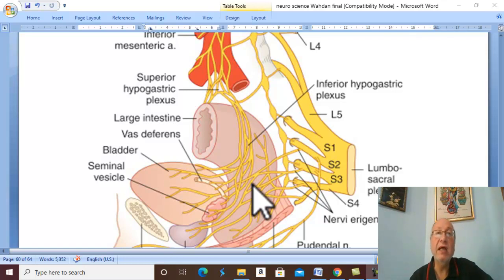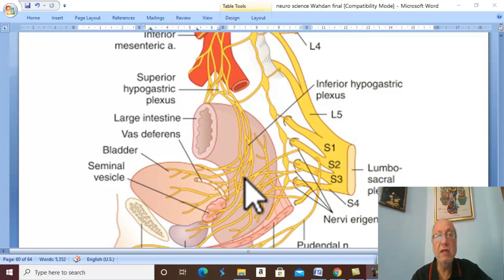The most important plexus and the direct supply to the pelvic organ is the inferior hypogastric plexus, or also called pelvic plexus. The pelvic plexuses or inferior hypogastric plexuses contain sympathetic fibers. From where? From above, from the lumbar splanchnic nerves, and from the first and second sacral segments of the sympathetic chain.